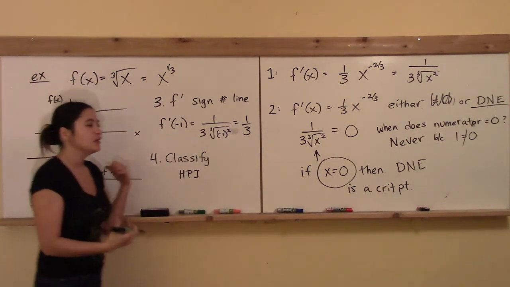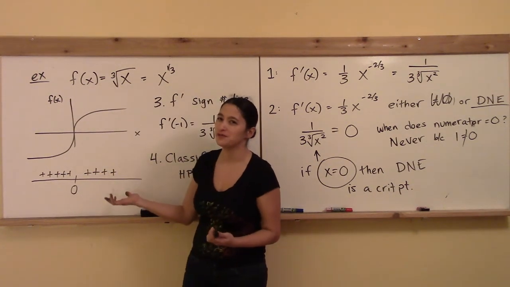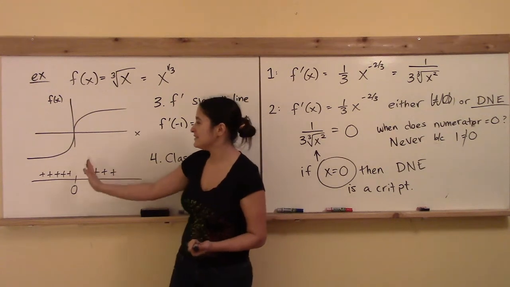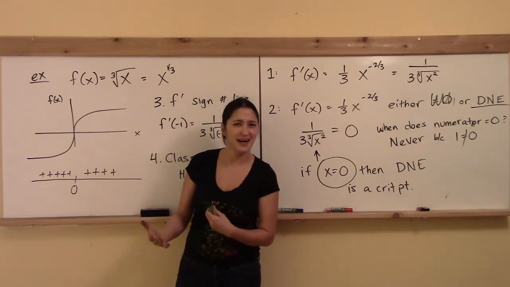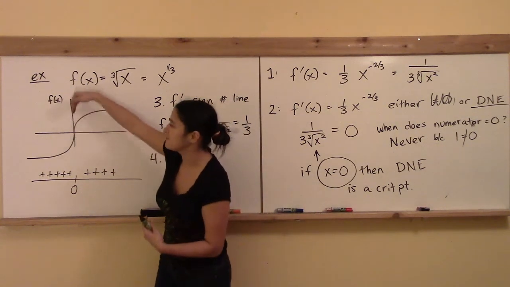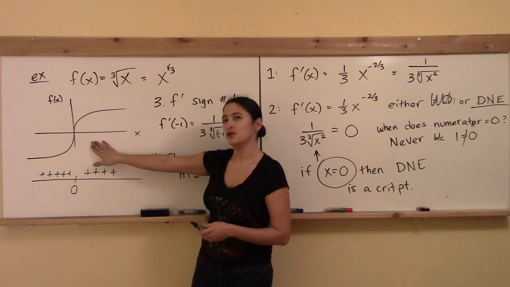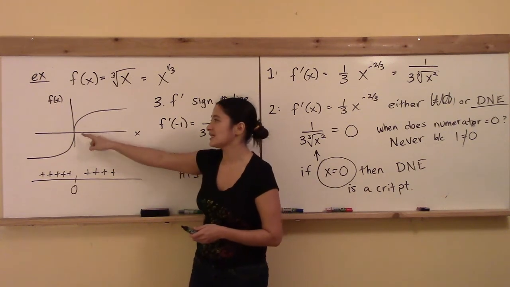The only thing is, when you actually look at this function, it doesn't look like the plateau as we've described it in the normal way. It's actually more of a VPI, vertical point of inflection, because you see it's like a vertical plateau. Now, if you graph this function, you may not even notice that the derivative does not exist at x equals 0.